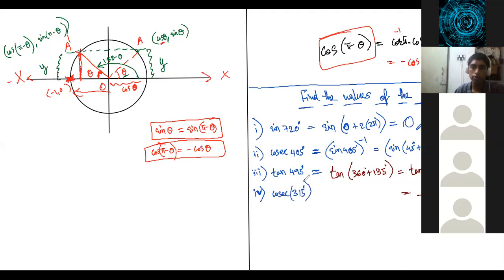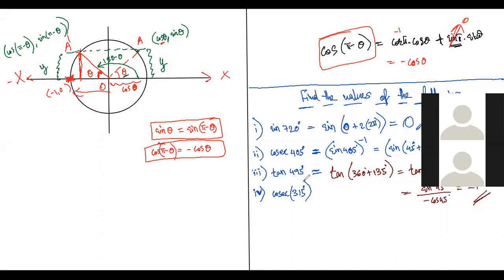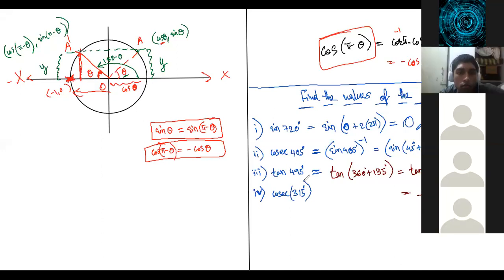Cosecant 350. Try this. Sir, is it root 2?